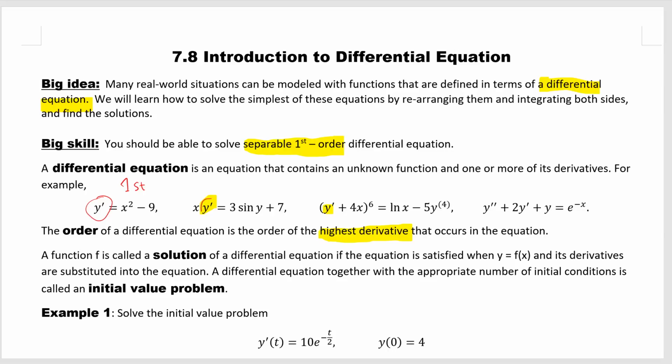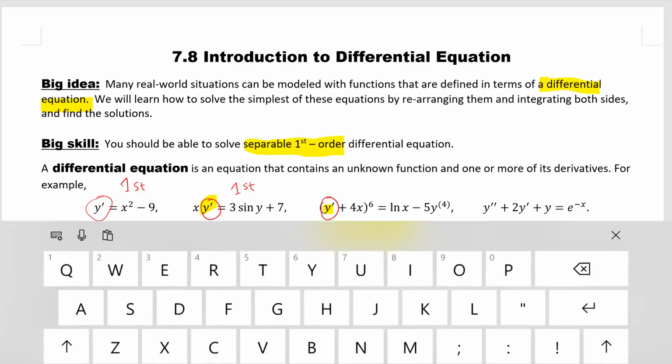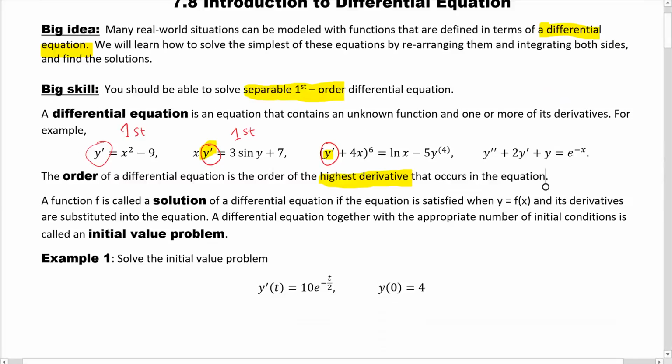In the next one, we also have the first derivative, so it's first order. The next one also has a first derivative. And in the last one, the highest derivative is the second derivative, so this is second order.